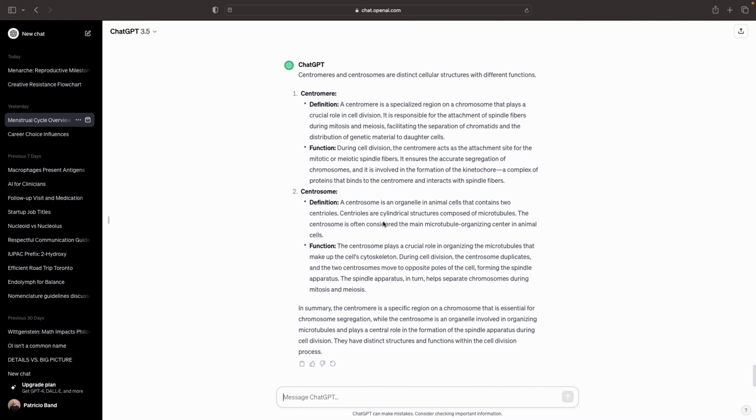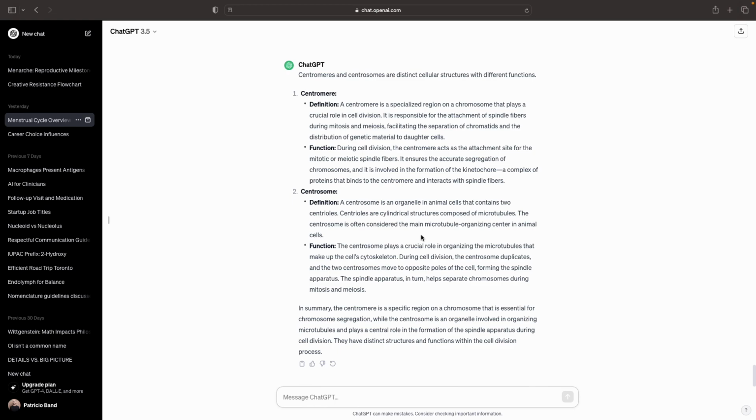Now, what is a centrosome? A centrosome is an organelle in animal cells that contains two centrioles. Nice. Centrioles are cylindrical structures composed of microtubules. The centrosome is often considered the main microtubule organizing center in animal cells. So the centrosome is not related to the whole chromosome structure.